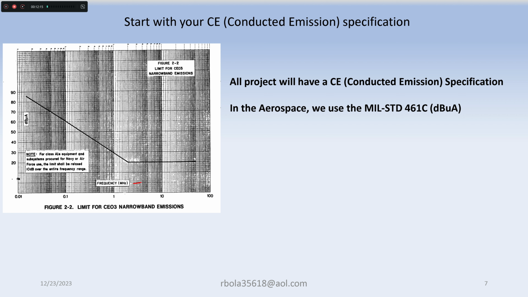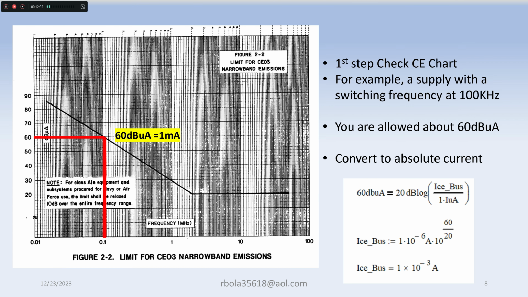So here you have your x-axis, which is the frequency, and then you have your y-axis, and this is the dB microamps that is allowed back into your V-bus. So the first thing that you do is this is the chart that you use.